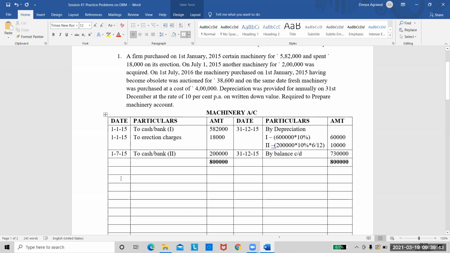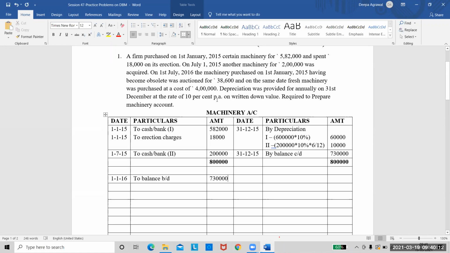And my first year is completed. So I come to my second year, 1/1/2016. And first I will take the balance to balance, by balance brought down. It is 7,30,000. Now first see whatever have we done in 2016. So on 1st July 2016, the machinery purchased on 1st January was sold, and on the same date fresh machinery was purchased.